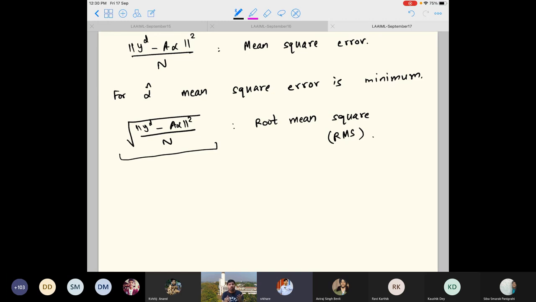But people may have different choices, and those different choices will lead to different loss functions, as you call them. So our loss function is the root mean square error.